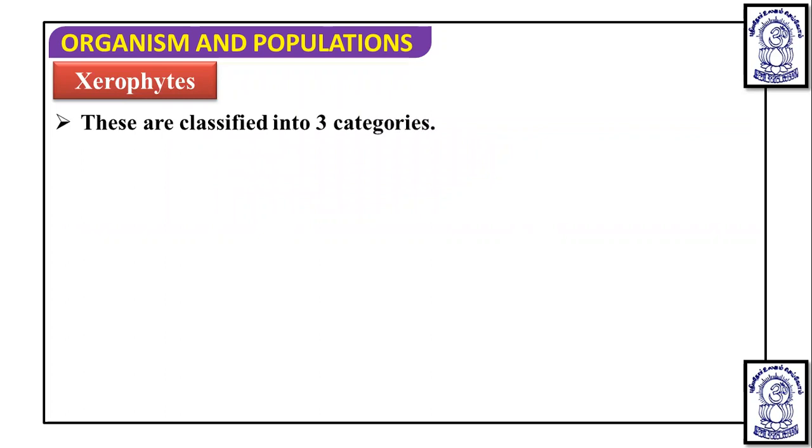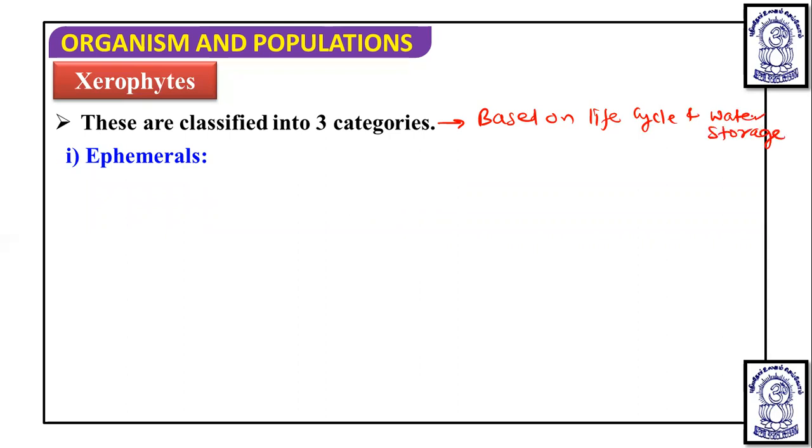Now, these are classified into three categories on the basis of life cycle and water storage. And in that, the first one are the ephemerals.